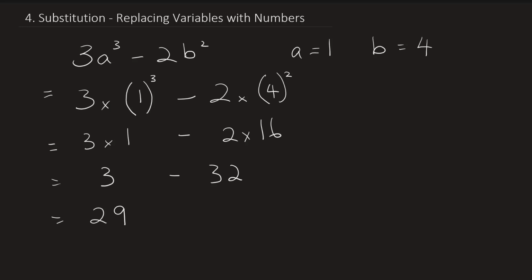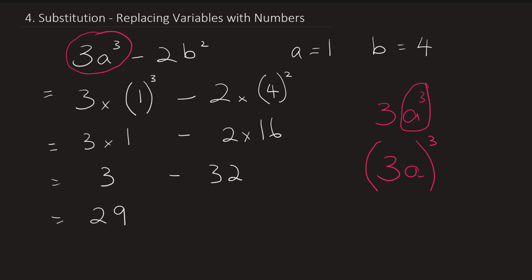Now I just want to mention one thing before we move on to the next problem. When we see a term such as 3a cubed, the cube only applies to the a. If I wanted the cube to apply to the 3 as well, I would have written it this way, 3a with a bracket around the whole term and a cube.